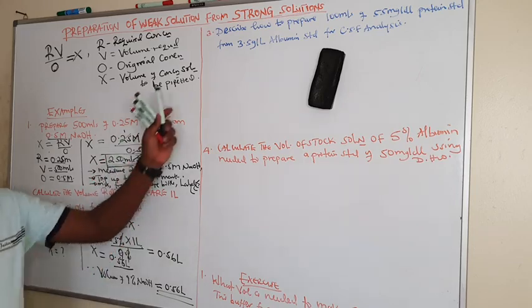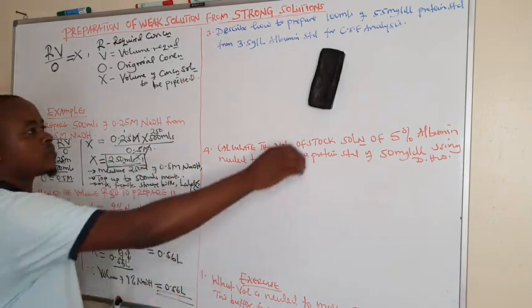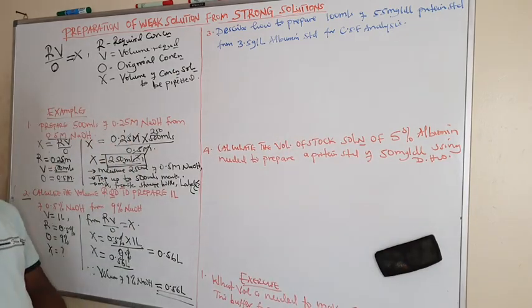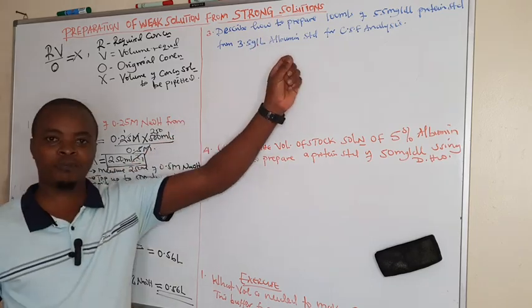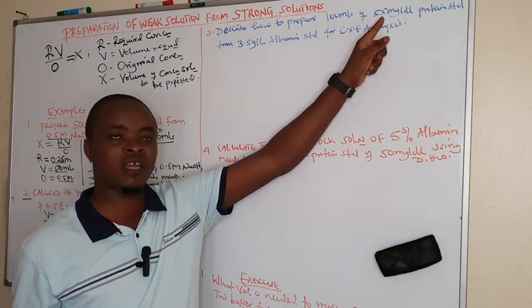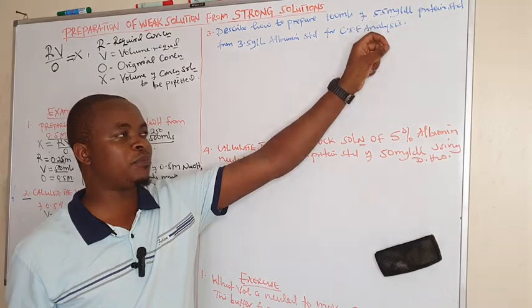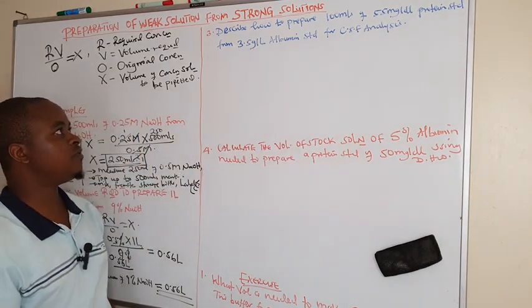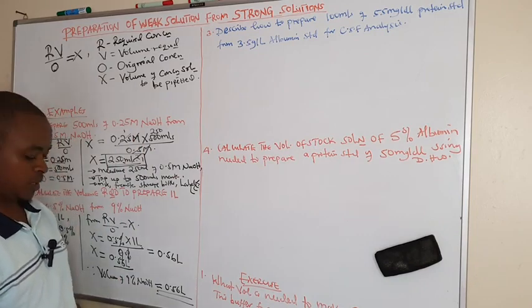Then from here, we are going to example number 3. Under example number 3, the question is saying, describe how to prepare 100 mils of 55 milligrams per deciliter protein standard from 3.5 grams per liter albumin.